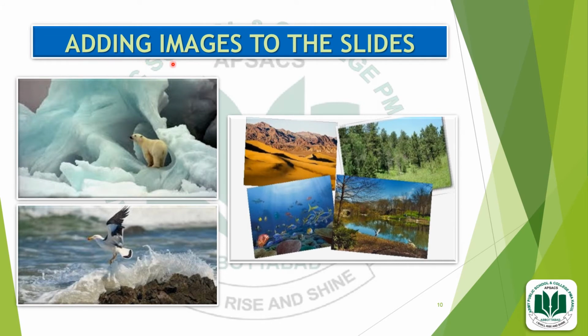Another way of adding images to the slides is that the pictures, photos or videos you want to add are already present in your files, meaning you have copied them from somewhere else.